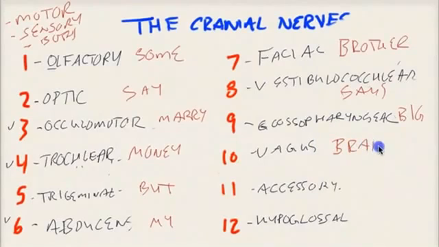Big brains matter most. Okay, now, like I said, there's tons of mnemonics out there, so find one that works for you. This one really works for me. I learned it once and never forgot.